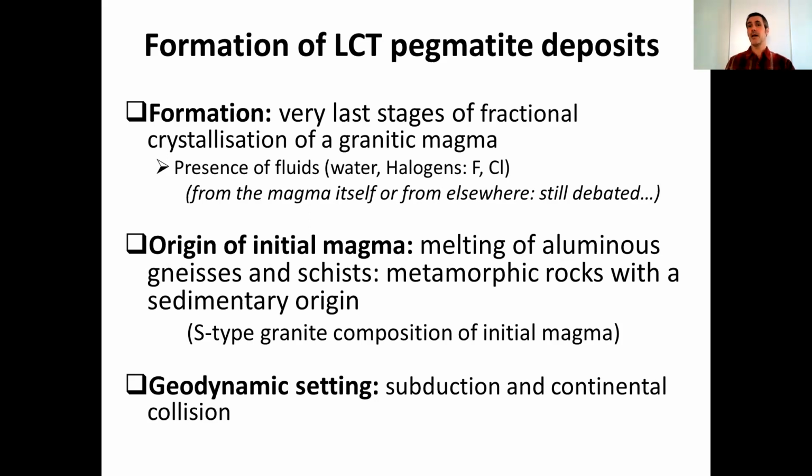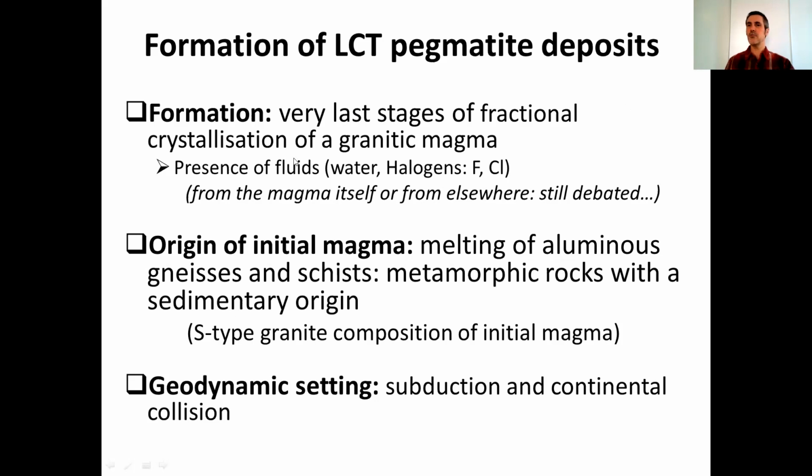At some point as the crystallization goes, the lithium content and other incompatible element contents are so high that the liquid reaches saturation, and lithium-bearing minerals start to crystallize. Because the first minerals formed during crystallization are dry, fluids remain in the remaining magma.